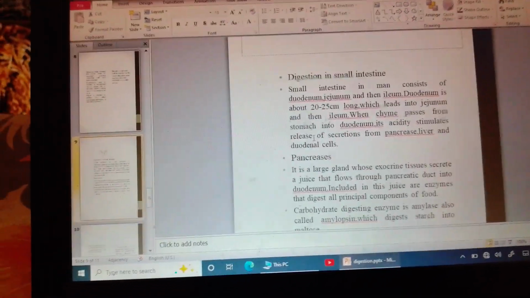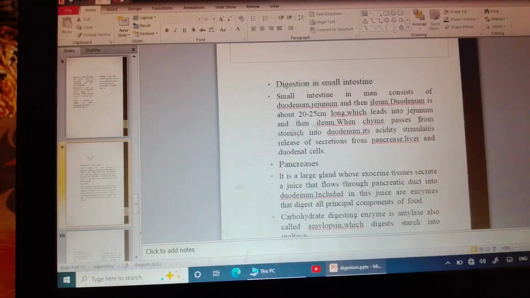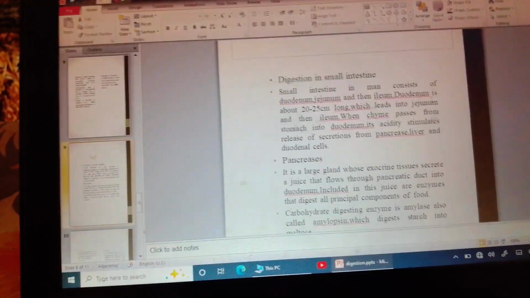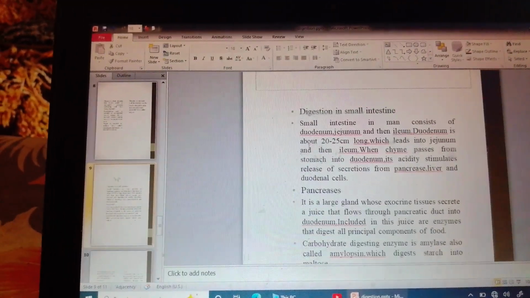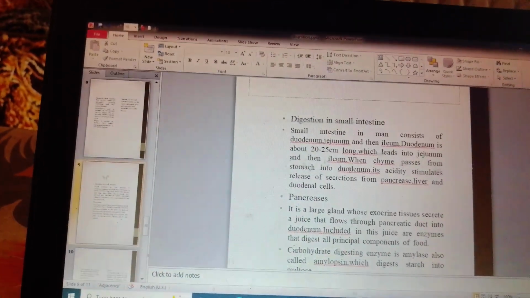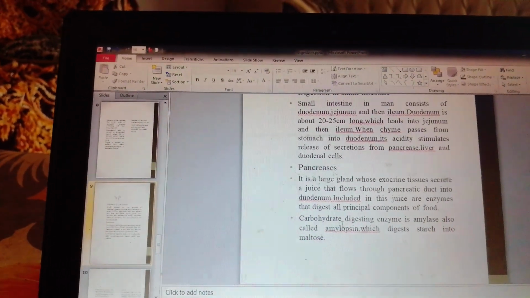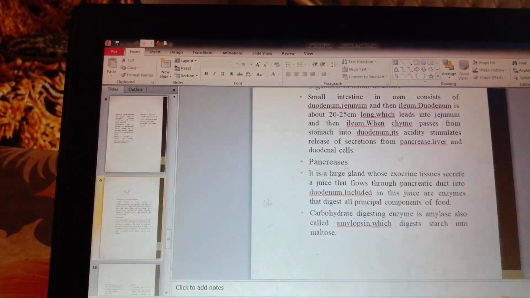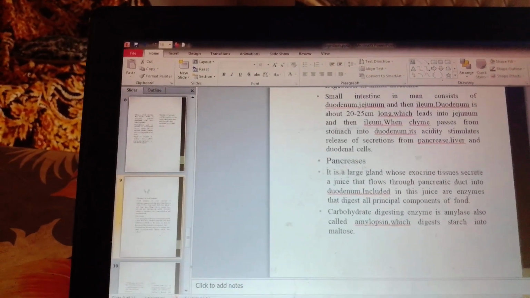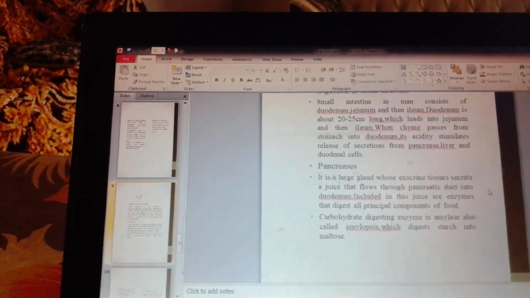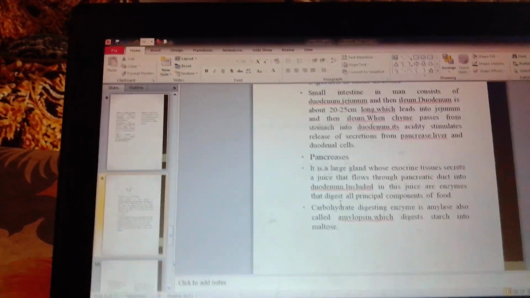In the small intestine, the duodenum, jejunum and ileum are present. The duodenum is 20 to 25 centimeters long. The pancreas has exocrine tissue through which the pancreatic juice enters the duodenum by the pancreatic duct, through which the bile also enters.